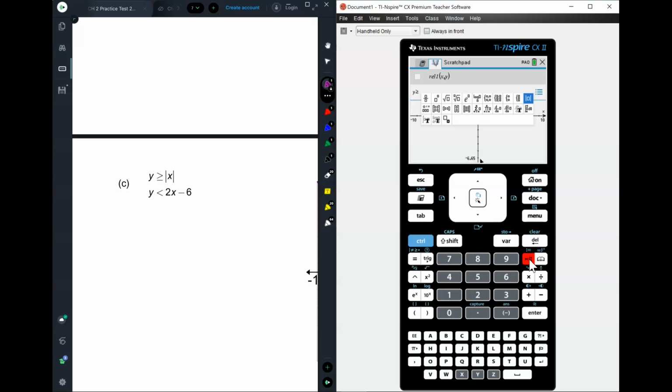Go to menu, window, zoom, and you can either zoom out or dictate the settings yourself. In this case, if I just wanted to zoom out, put the center wherever. And then you can keep zooming out.